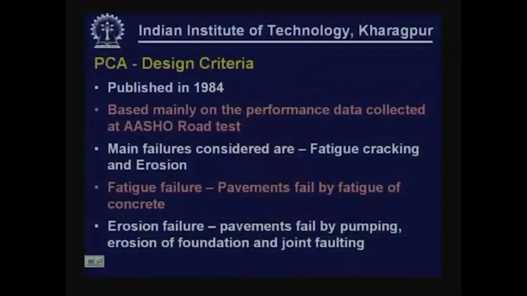One provision that was made to handle erosion in IRC concrete pavement design was the provision of paved shoulders of 1.5 meter width, but there is no specific analysis included in the IRC procedure for erosion analysis. So, PCA considers two types of failures, fatigue cracking and erosion of foundations.